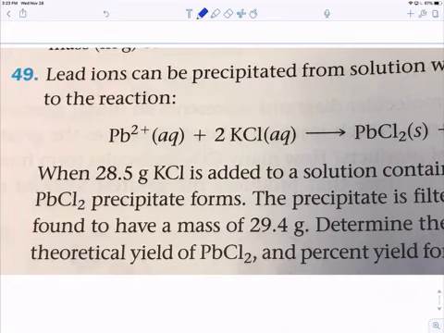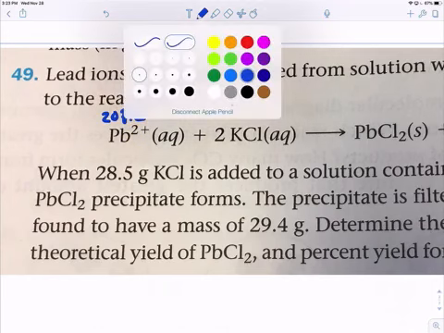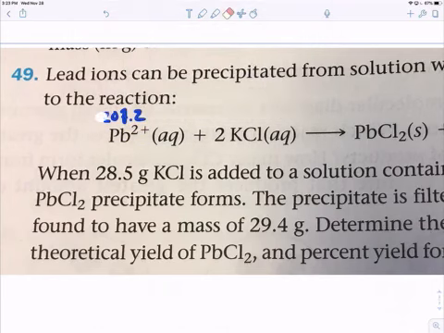So the lead's mass here is going to be 207.2 grams per mole. KCl, so potassium 39.1, chlorine 35.45. So this means that's going to be 74.55.